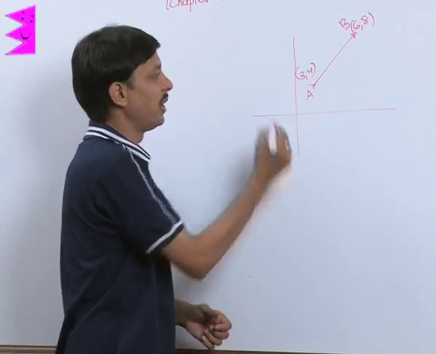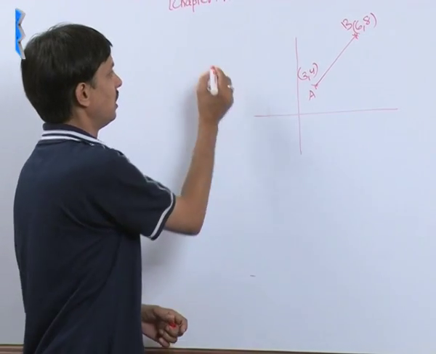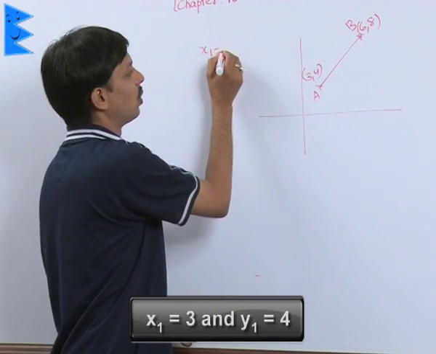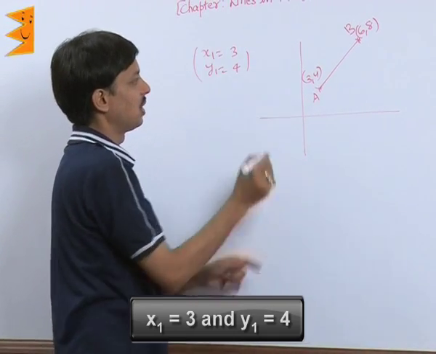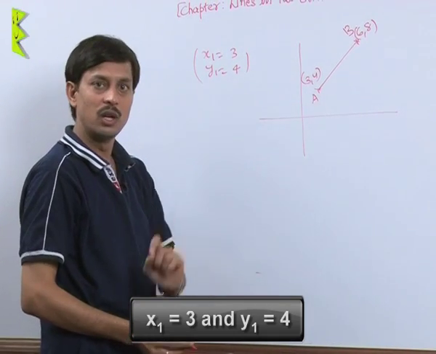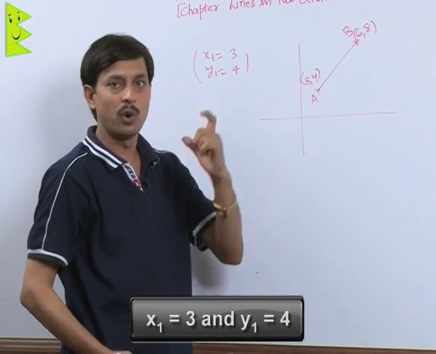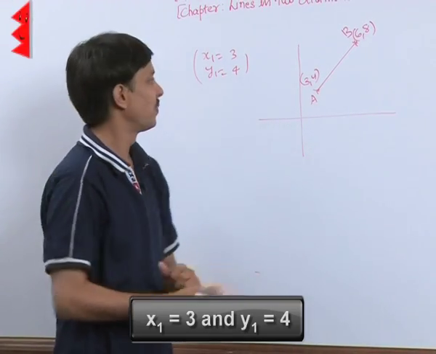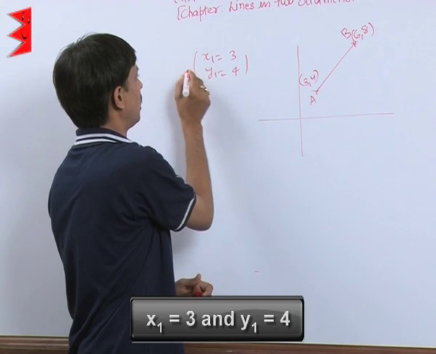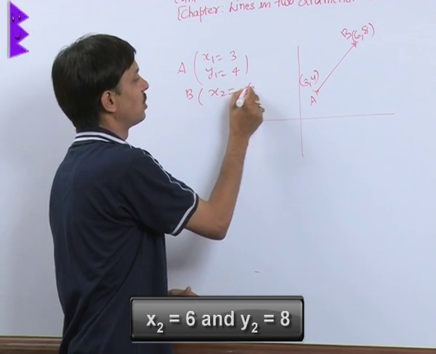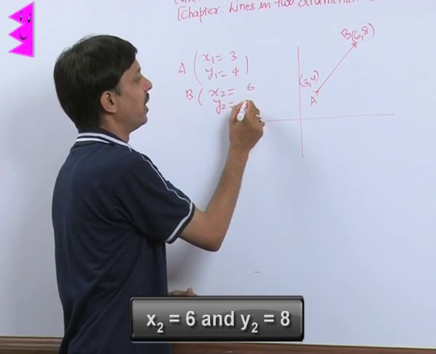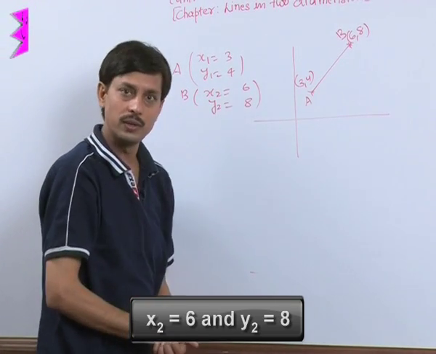So if we compare, we will find x1 is equal to 3 and y1 is equal to 4. That is the x1 and y1 coordinates of the point in the first situation. And for the second situation B, x2 is equal to 6 and y2 is equal to 8.